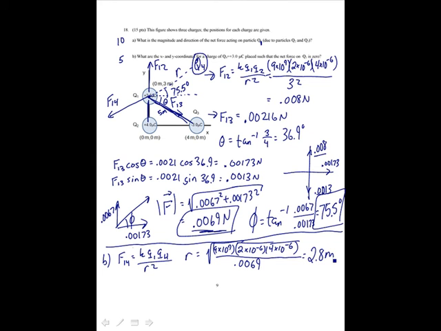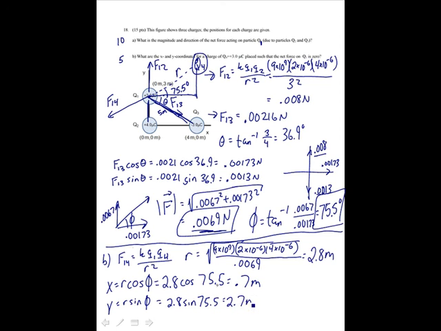And then I want to find out what are the x and y components of that distance. So I want to know what is this distance, and then what is this distance. So x is r cosine of phi, which is 2.8 cosine 75.5, which is 0.7 meters. And then y is r sine of phi, 2.8 sine of 75.5, 2.7 meters.